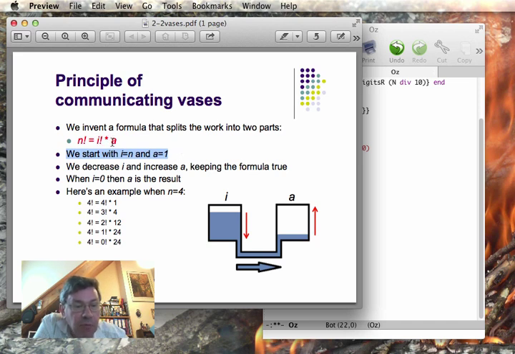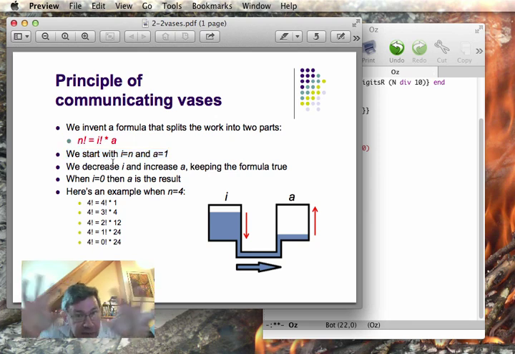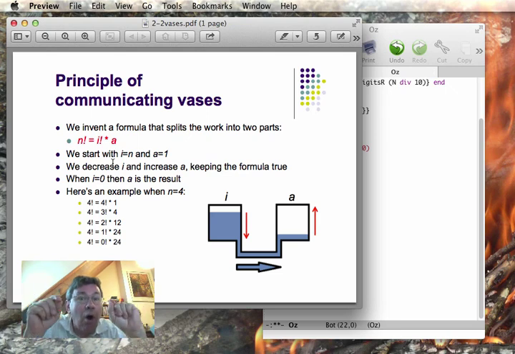Okay, n factorial times 1 is n factorial. Then the idea is to decrease i and increase a together in one step, all while keeping the formula true. So we keep doing this, and eventually when i becomes equal to 0, then we have here 0 factorial, which is equal to 1, and therefore a must be equal to n factorial, so a is the result.